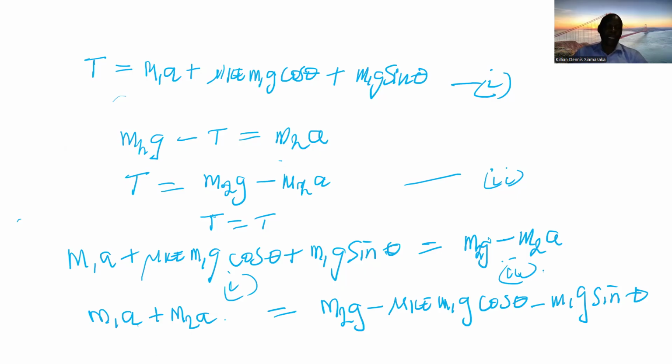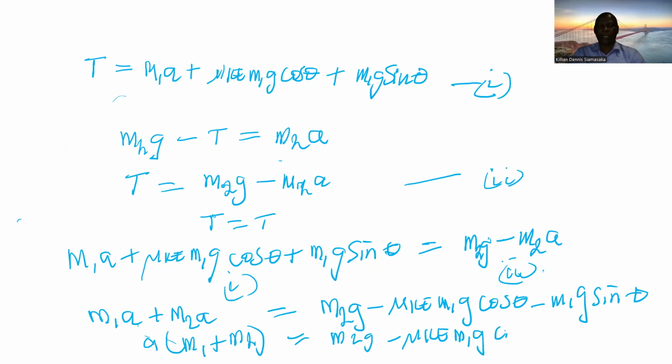Therefore we can factor out the acceleration, which is common, and inside we have mass 1 plus mass 2, which is equal to m2 g minus coefficient of kinetic friction multiplied by m1 g cos theta minus m1 g sin theta.